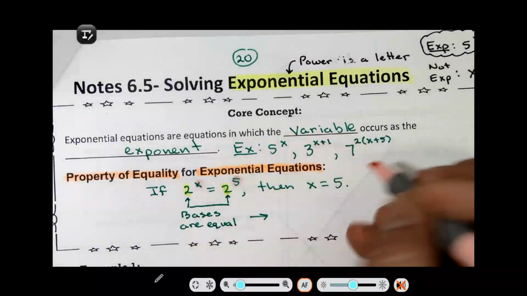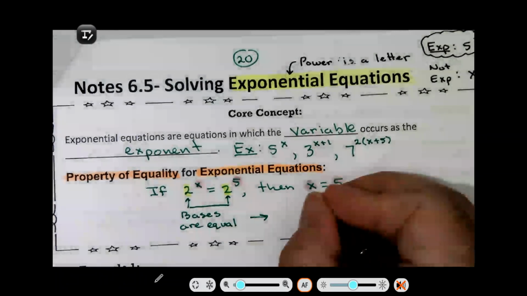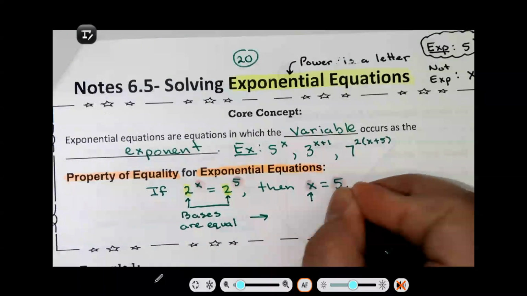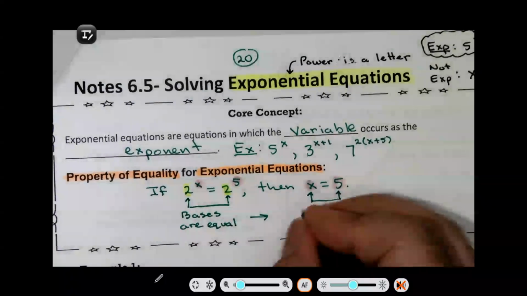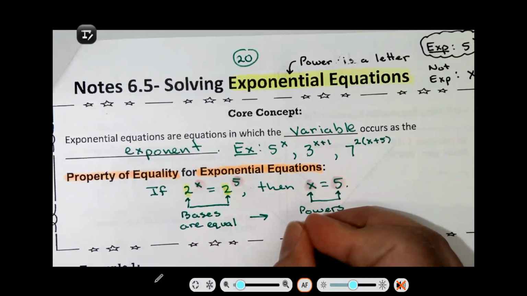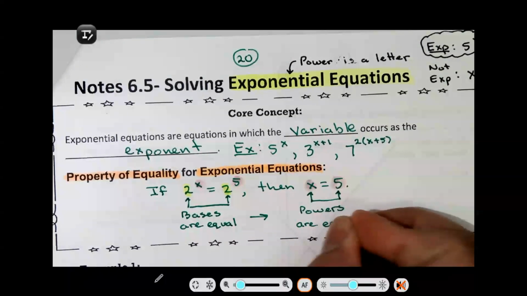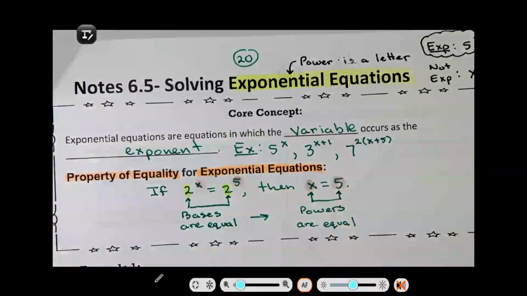They're not regular numbers or letters in this case, they're powers. Then the rule is, then the powers must be equal as well. If the bases are equal, then the powers are equal. And that's the rule for the day. If the bases are equal, then I get to make the powers equal to each other.